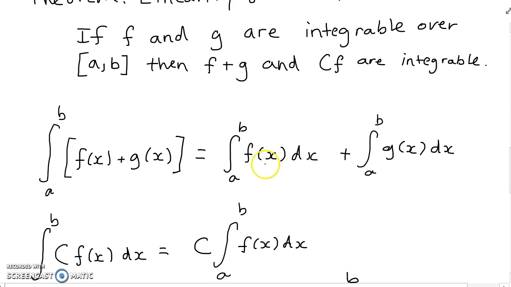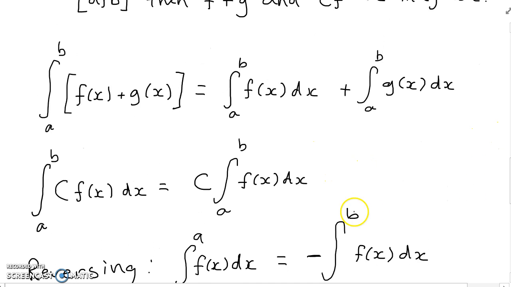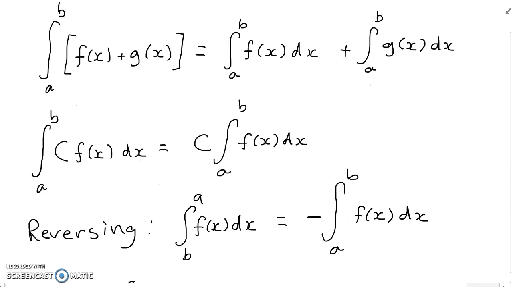It can be written as the integral of f of x plus the integral of g of x. When you have a constant, the integral from a to b of a constant times f of x, you can bring the constant out in front, evaluate the integral of f of x from a to b, and then multiply it by c, the constant.